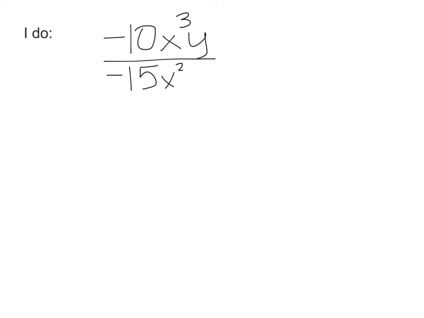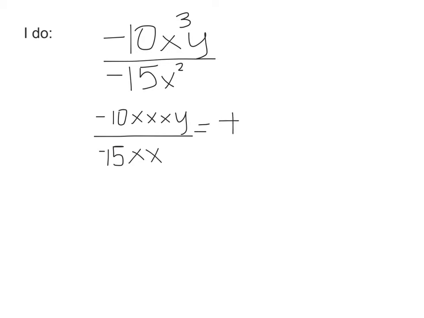So I'm going to rewrite this as negative 10 times x times x times x, because x cubed is x times x times x, times y all over negative 15 x times x. So once again, what I'm first going to do is I'm going to count my negatives. So I'm dividing two negatives, so my answer is going to be a positive.